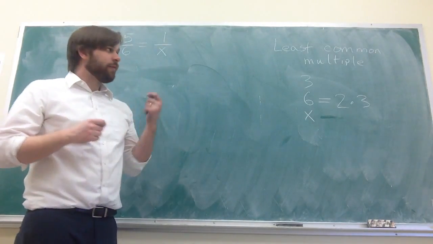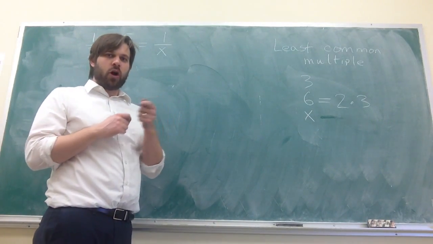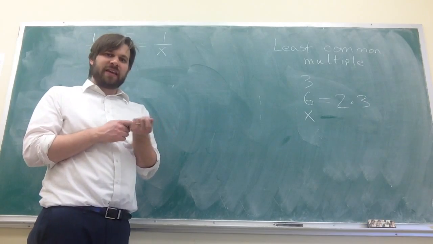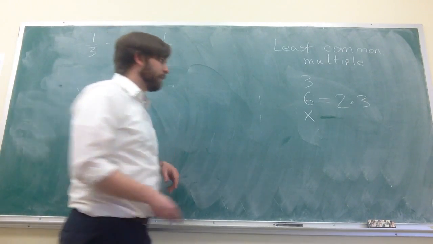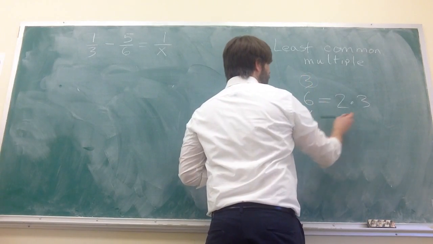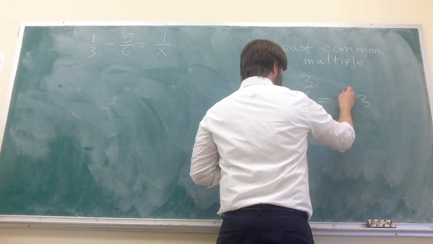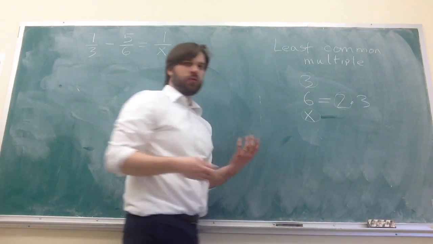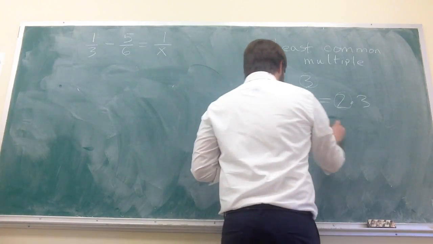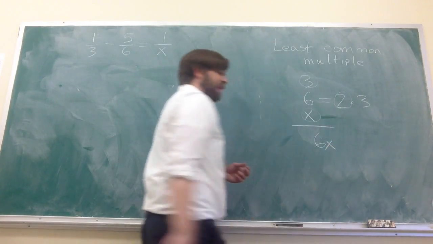So when we want to find the least common multiple, we look at all of the factors and we take the largest power of each. Okay, so we will take the 3, the 2, and the x, and when we multiply those things together, we get our least common multiple of 6x.